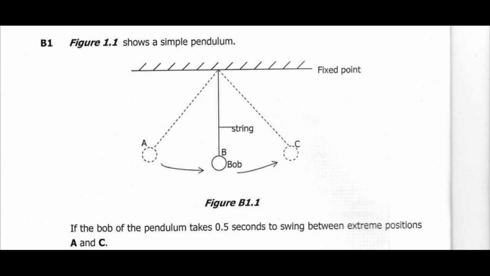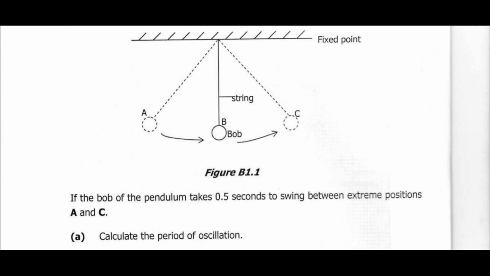And this simple pendulum, its arrangement, it has a fixed point. So we have a string, bulb. Okay, so now, if the bulb of the pendulum takes 0.5 seconds to swing between extreme positions A and C, calculate the period of oscillation.